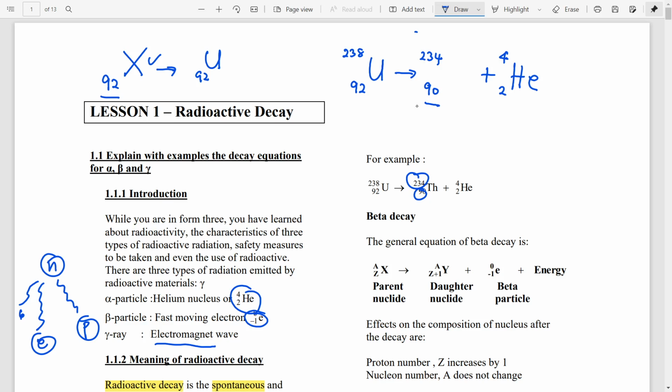The atomic number is 90. So open your periodic table and you can find that 90 belongs to thorium. That is how we can analyze this alpha decay equation. So that's all for the alpha equation.